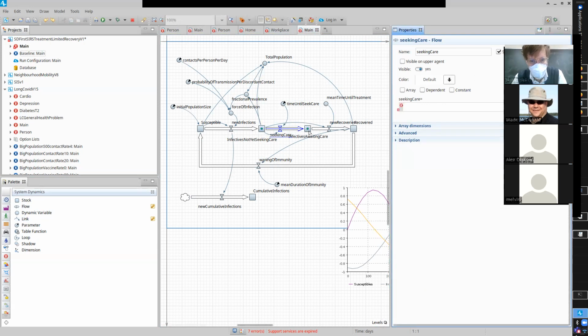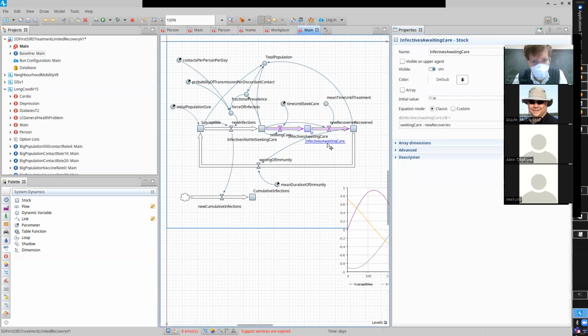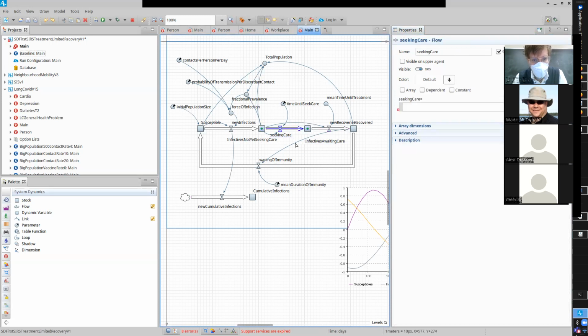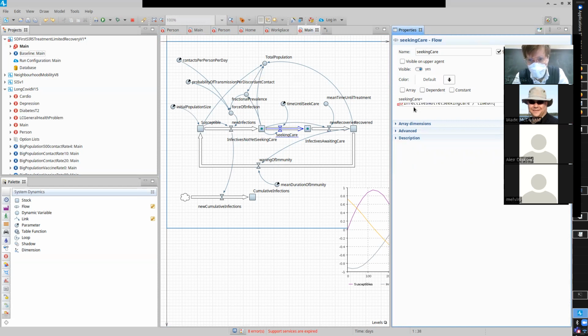So seeking care here is our first order delay. What's the formula for this? If this is a first order delay, we have a mean time until seek care and a certain number awaiting. So we do infectives not yet seeking care divided by time until seek care.